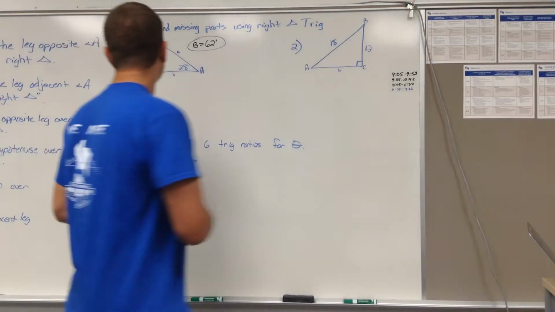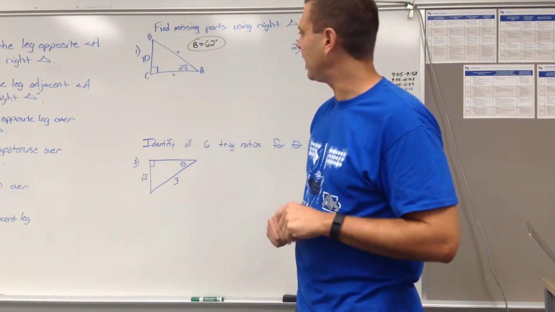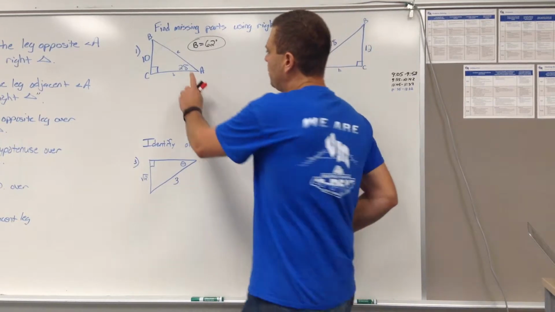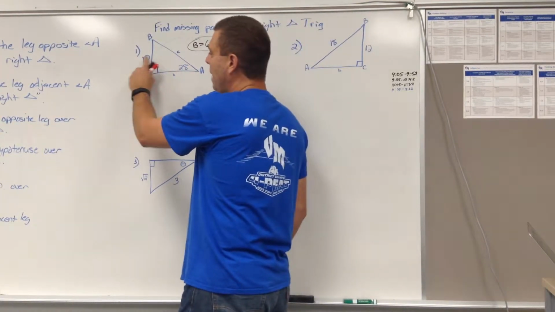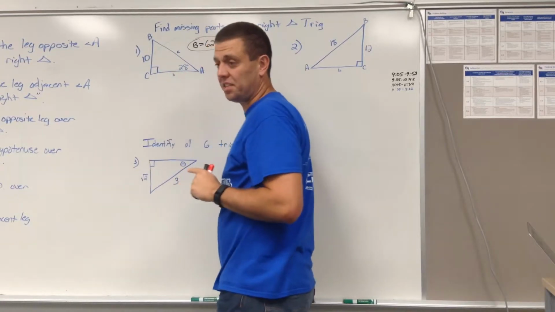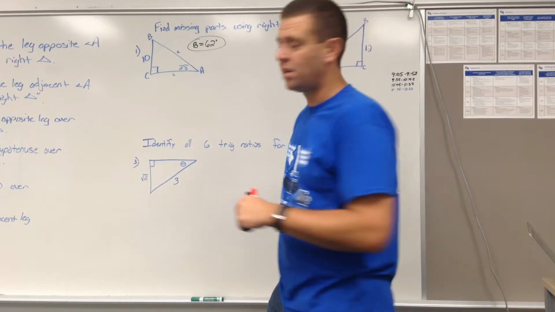Let's say I wanted to find side C here, okay? Side C. I know that this angle right here is 28. I know the side opposite the 28 is 10. And I'm trying to figure out my hypotenuse.